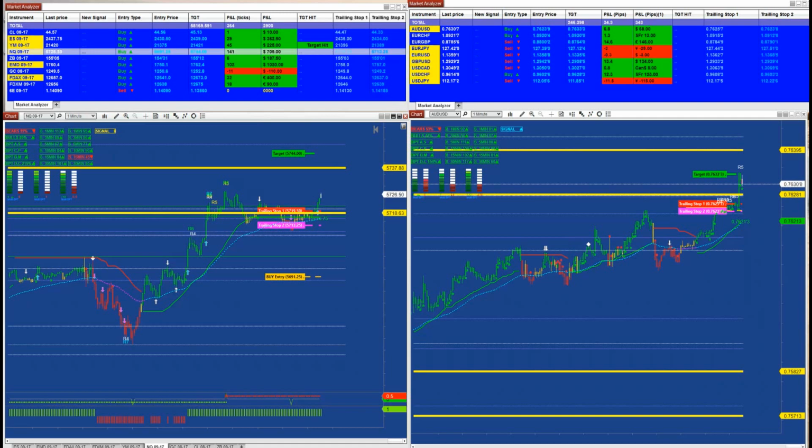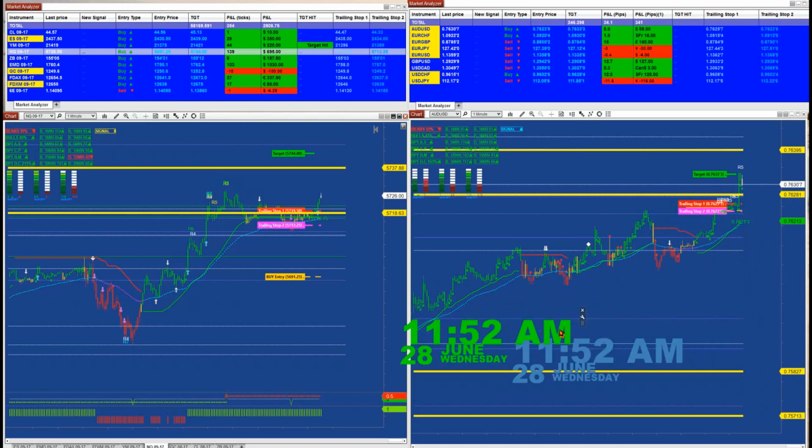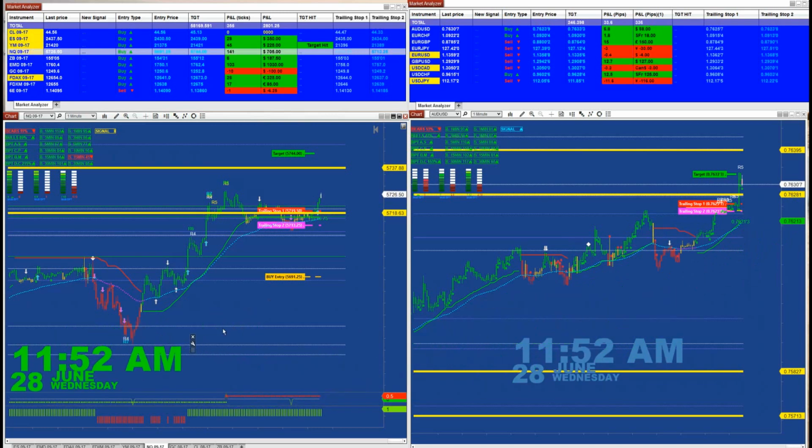For some reason, on the swing trading, the NASDAQ has outperformed the auto trade, the scalper, by far. For some reason, it has a good performance. And now it is almost 11:52, a total of over 350 ticks.